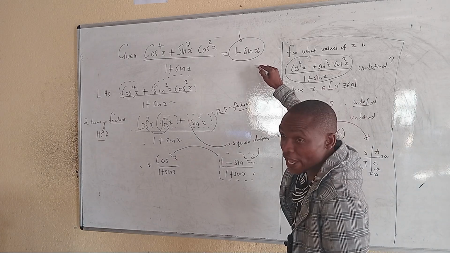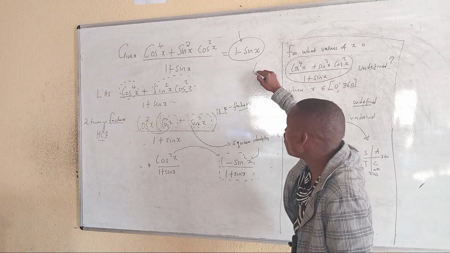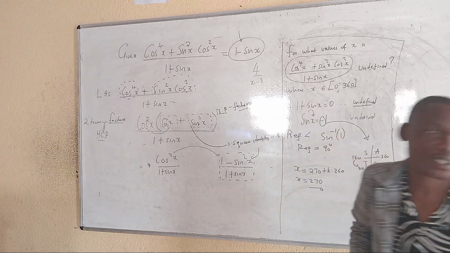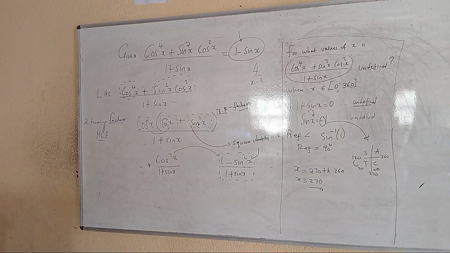Let me check your understanding. Find the value of x for which 4 over x minus 3 is undefined. What will be the value of x? The value of x is 3.